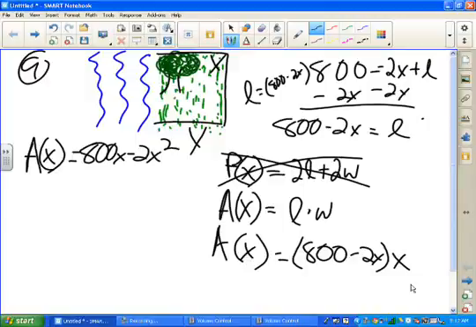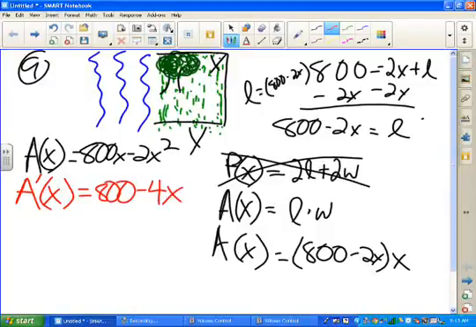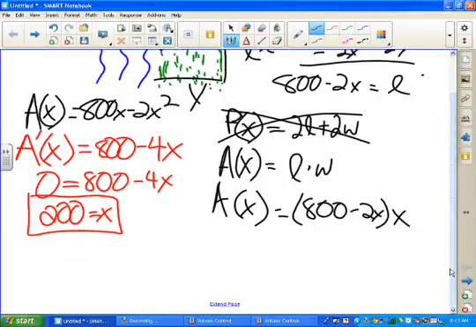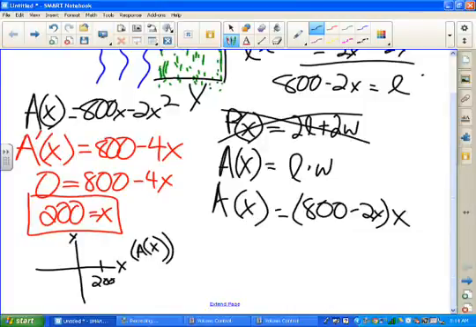So what we need to do is take A of x, which is equal to 800x minus 2x squared, take the derivative of that. So A prime then would be 800 minus 4x using the power rule. If I set that equal to 0, I get 0 equals 800 minus 4x, or x equals 200. Now what this means is that our area is a function of x, and so if we were to graph that function, we would see that the y value is A of x.